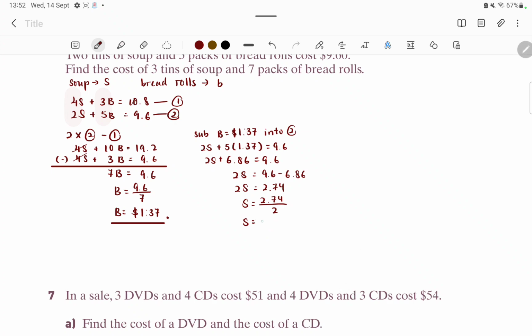Wait, let me think. If I substitute this into the first equation, 4s plus 1.37 equals 10.8.